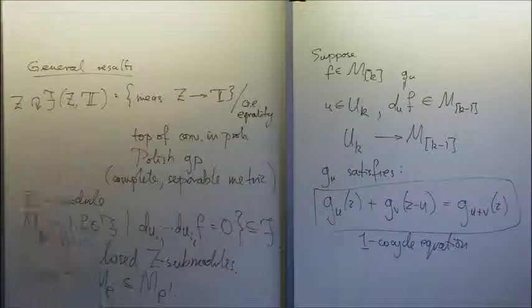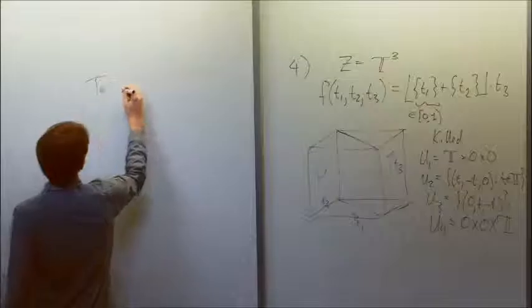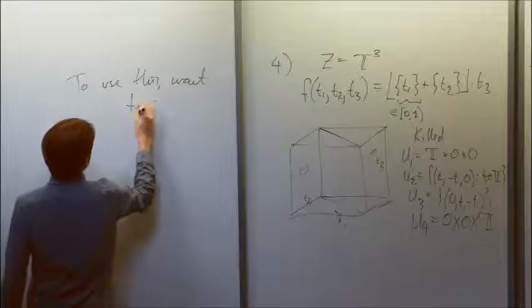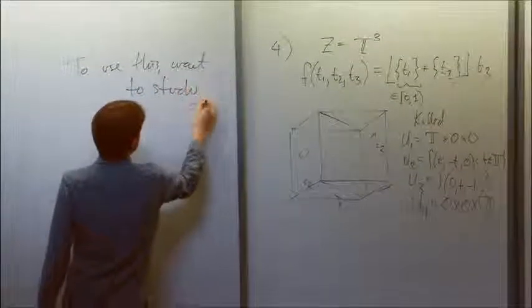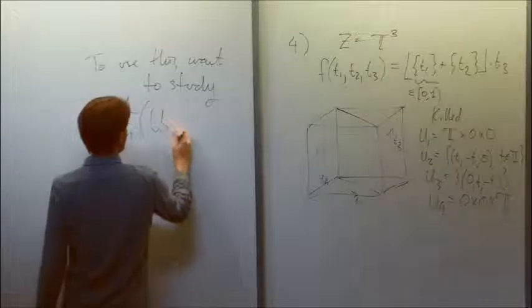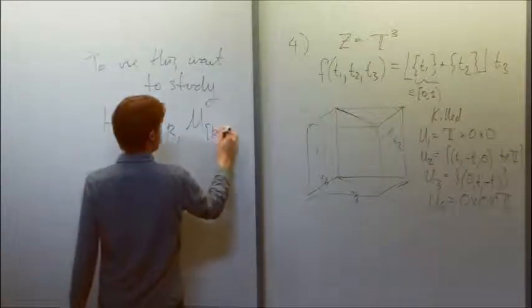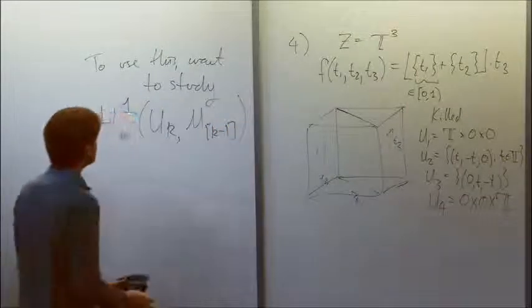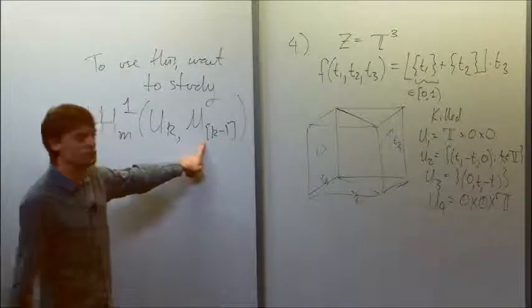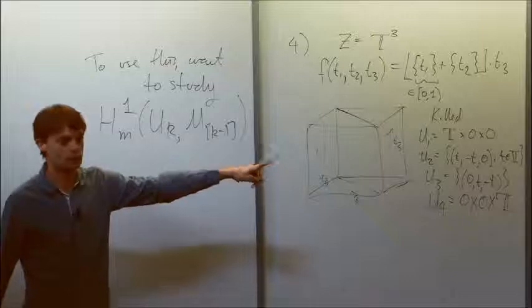So to use this, you want to study, I'm just going to write down its name in group cohomology. If you haven't seen this before, don't worry about it. Some algebraic object which describes, up to some natural equivalence, all the maps from UK into this module that satisfy this equation. This is called H1.